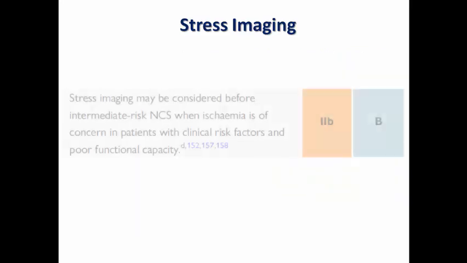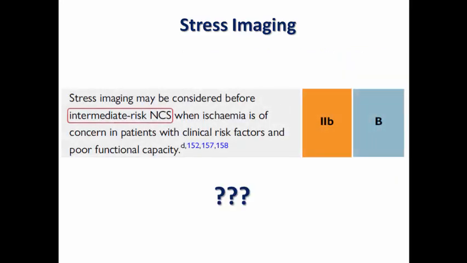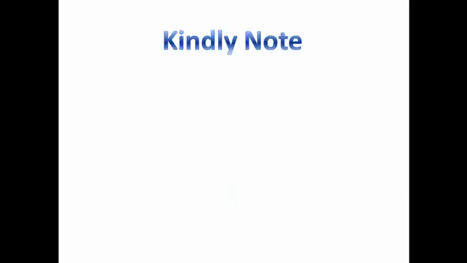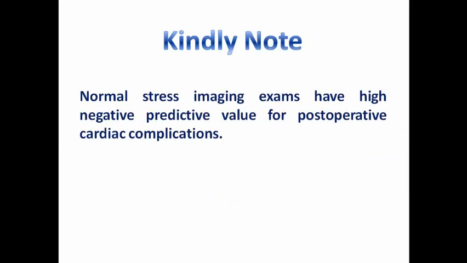And if we speak about intermediate-risk surgery, here it has just a class 2B with controversy about its role. If ischemia is of concern in those patients with clinical risk factors and poor functional capacity, it may be performed, but there is no clear recommendation to perform it and delay surgery. And kindly note that a normal stress imaging exam, for example pharmacological stress echo or myocardial perfusion, has a high negative predictive value for postoperative cardiac complications.